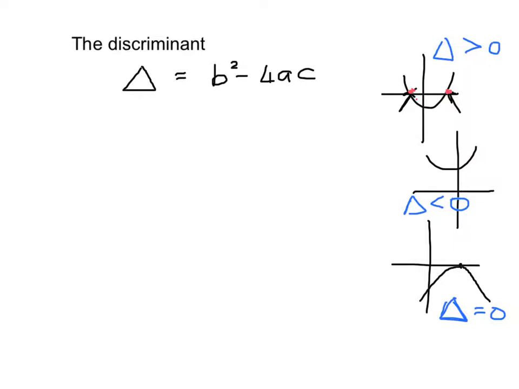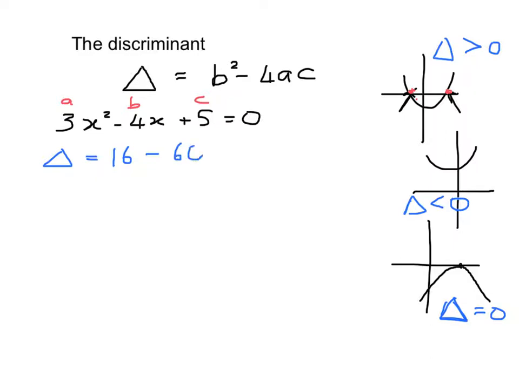So let's do an example here. We'll do 3x squared minus 4x plus 5 equals 0. I need to label my a, my b and my c. So from that I know my discriminant equals b squared, which is negative 4 squared, 16, minus 4 times 3 is 12, times 5 is 60.